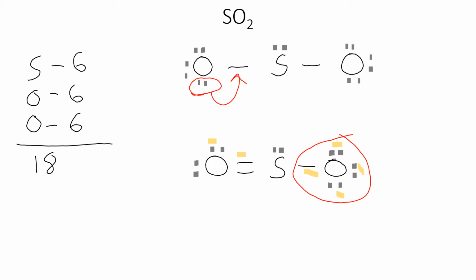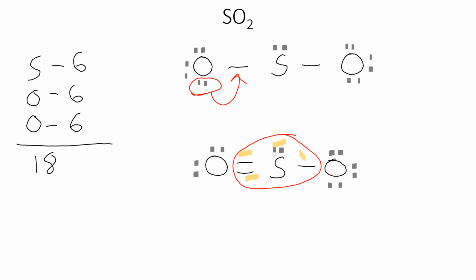Now I need to look at that central sulfur. Remember, that's what was giving us problems. The sulfur didn't have the octet. Did we fix that problem? So if we look around that central sulfur, do I now have 8 electrons in its area? And the answer is yes, we do. 2, 4, 6, 8. We fixed that problem.